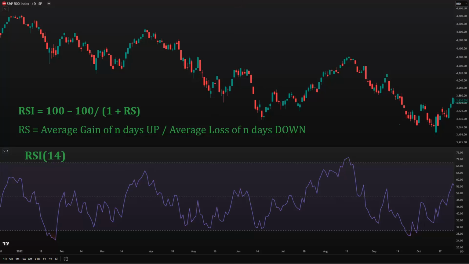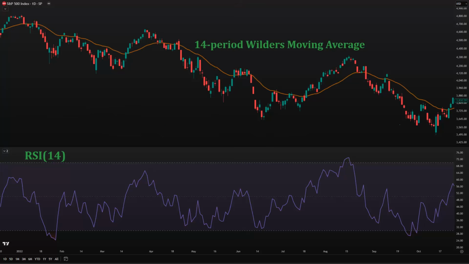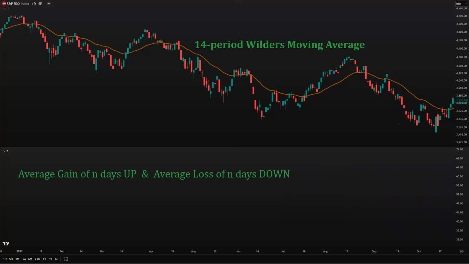Instead of focusing on separate up and down averages, we'll start with the simplest tool ever, a moving average. This is a 14-period Wilder's exponential moving average, the same type of smoothing used in RSI calculations. So let's remove the original RSI and take the next step. The original RSI formula uses average gains and average losses.